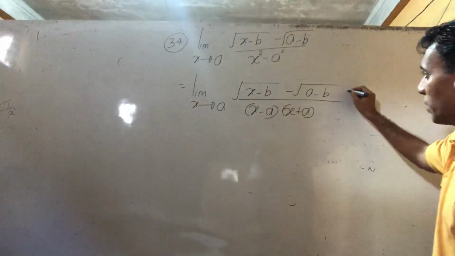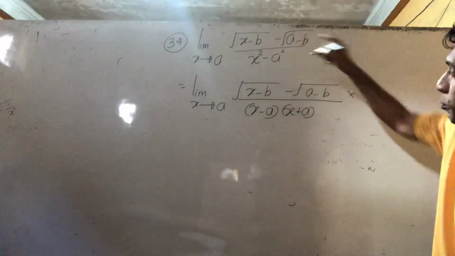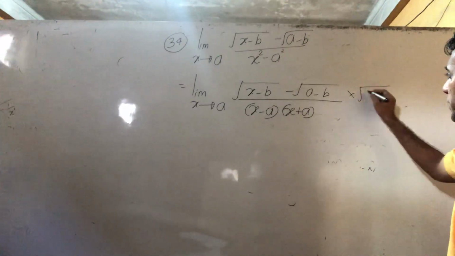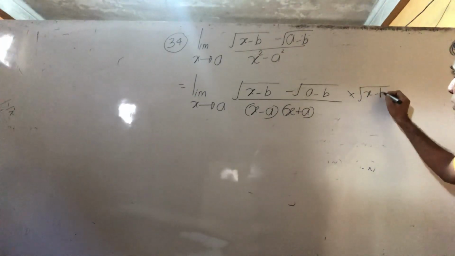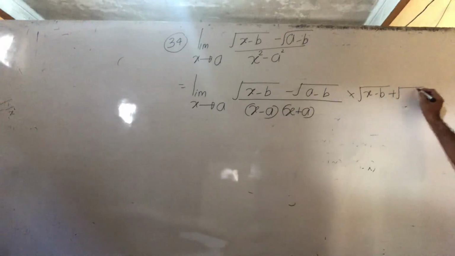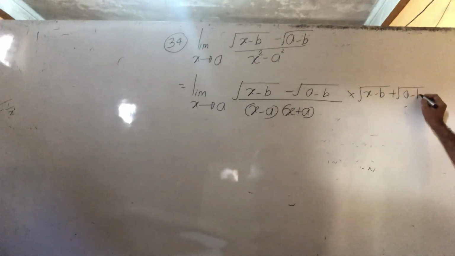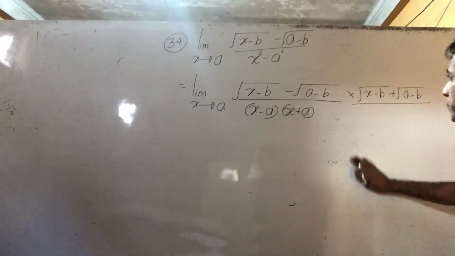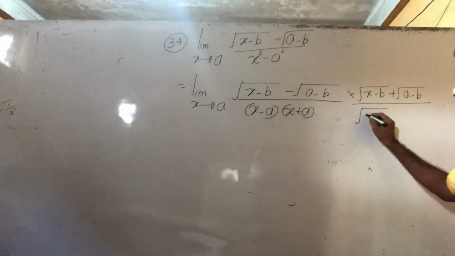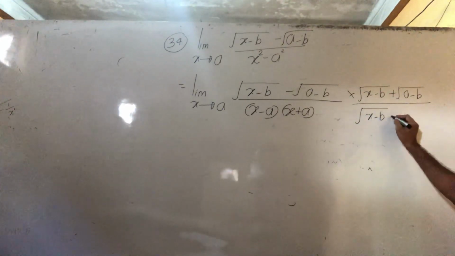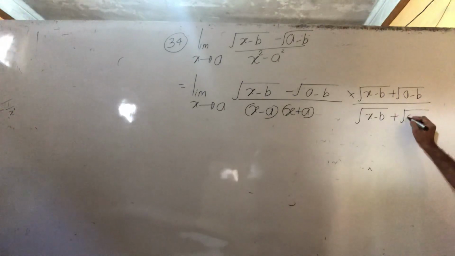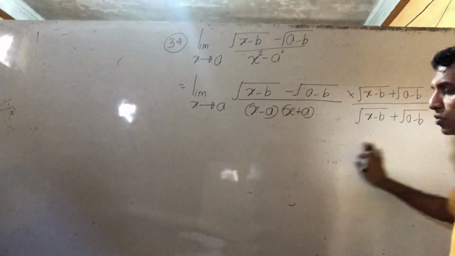So here I multiply by the conjugate of the numerator, which is the square root of (x minus b) plus the square root of (a minus b), over the same. Okay.